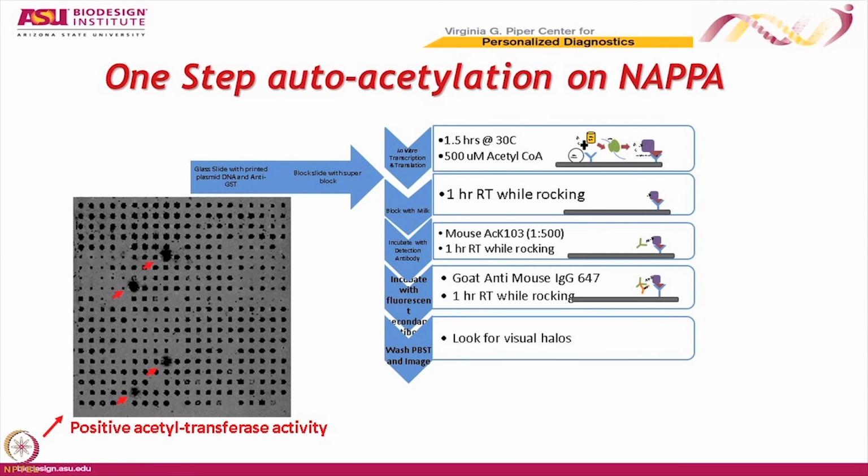In this case, he was using an acetyl group that could be detected by an antibody. Then he treated the array with acetyl-CoA, incubated the array, and just allowed the proteins to acetylate themselves, washed away all the reactants, and then stained with the antibody and identified proteins that auto-acetylate. So this is, again, a way to look for enzymatic activity on the array.